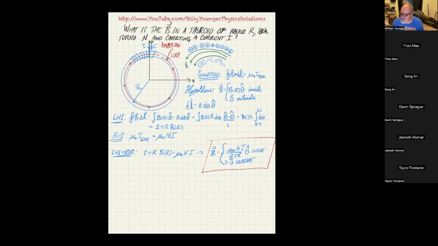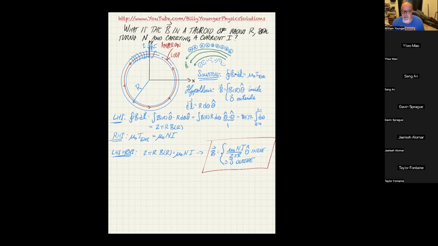So numerically, it shouldn't make any difference whether you measured to the inside edge or the outside edge. So this wouldn't work if you had a toroid where the coils were wide in comparison?